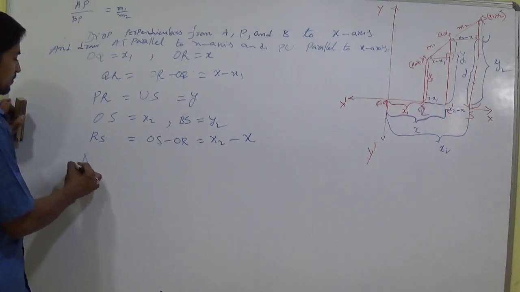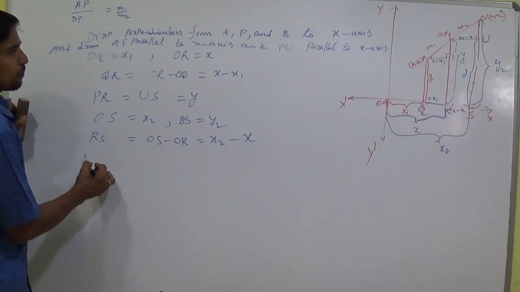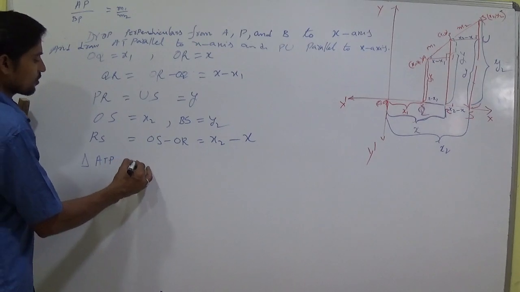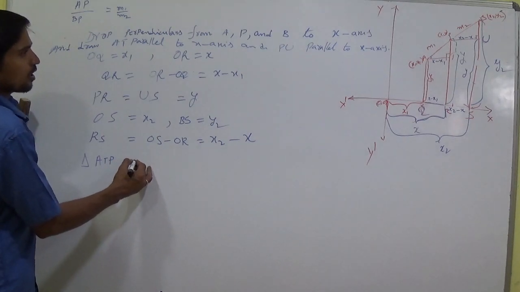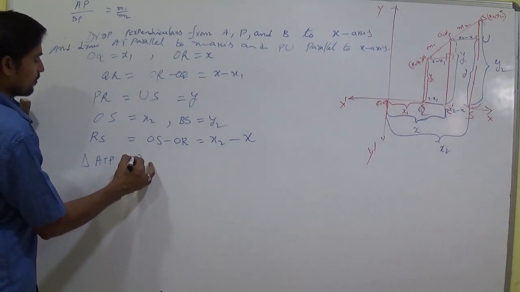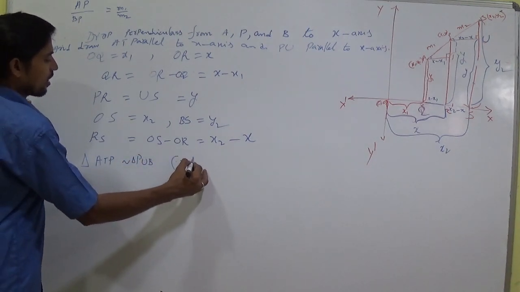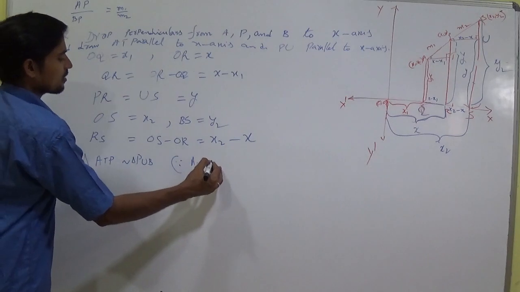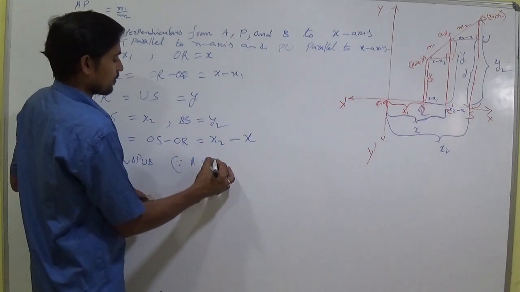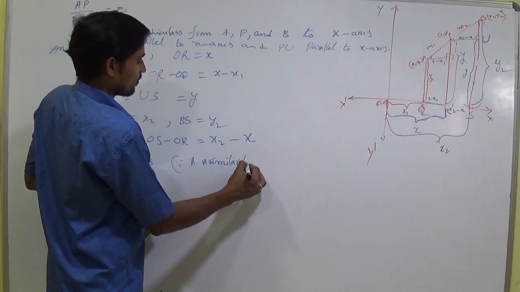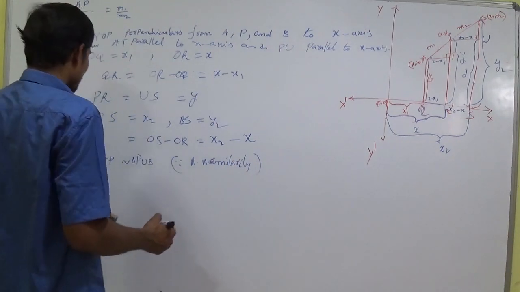Triangle ATP is similar to triangle PUB, since AA similarity. Right?